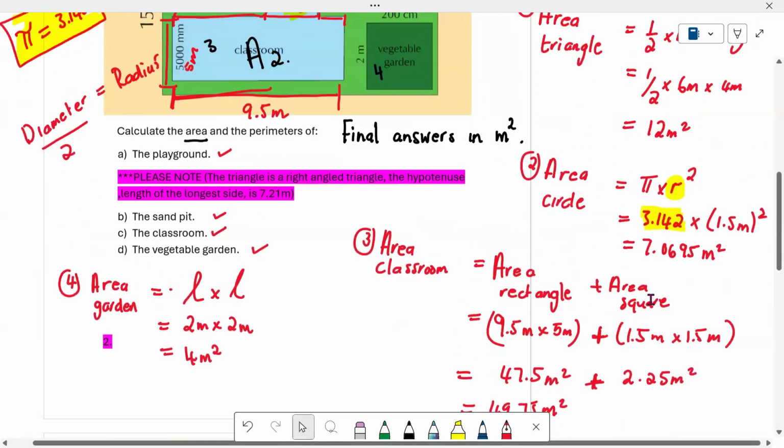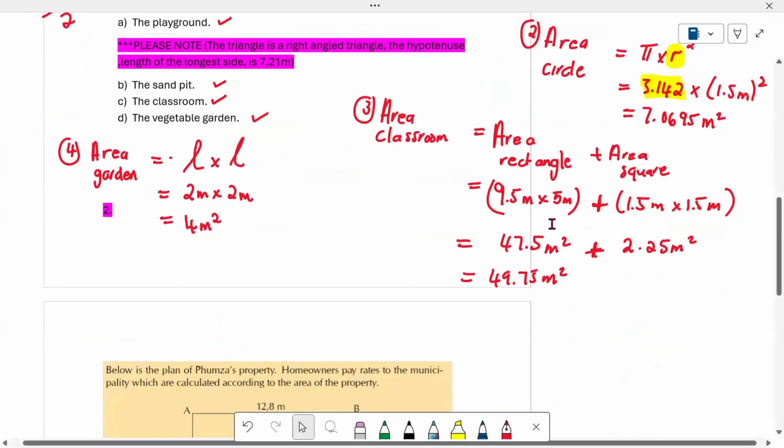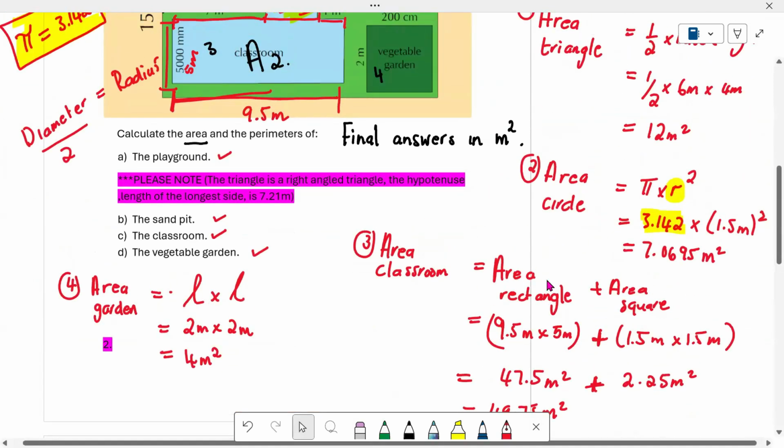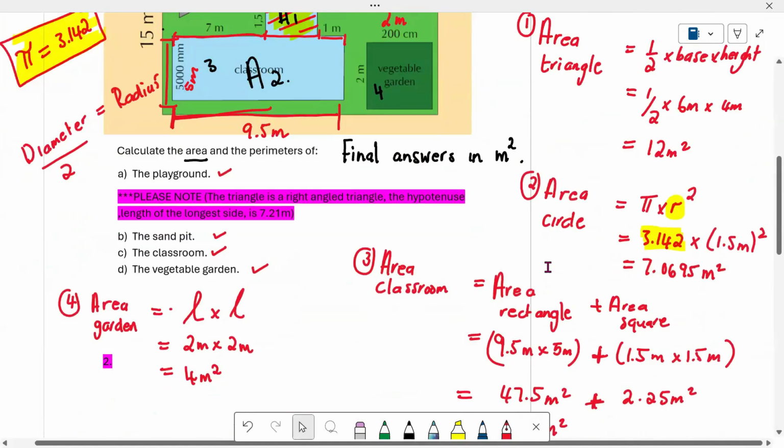Is that what you're saying? Don't you start with the bigger number first, which is 49? Okay, who agrees with what Faith is saying? Faith is saying we're going to start with a big number, which is 49,75, and then she's saying we're just going to minus the others. Do we agree with what Faith is saying?